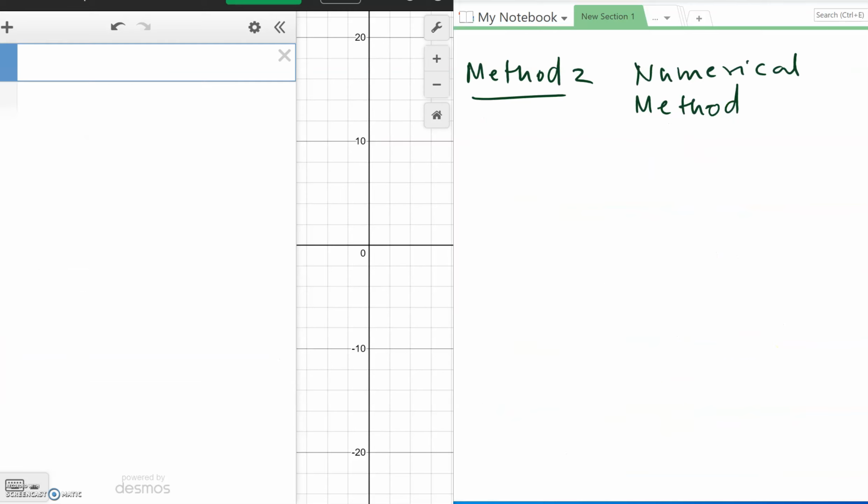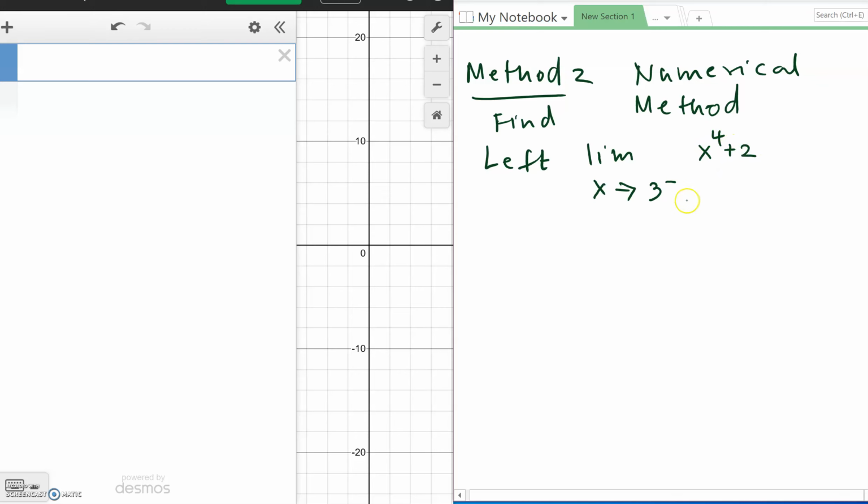Okay, so let's see one more example of the numerical method. Let's find the left limit. Limit x goes to 3 minus. 3 minus is the left limit of, let's say, x power 4 plus 2.